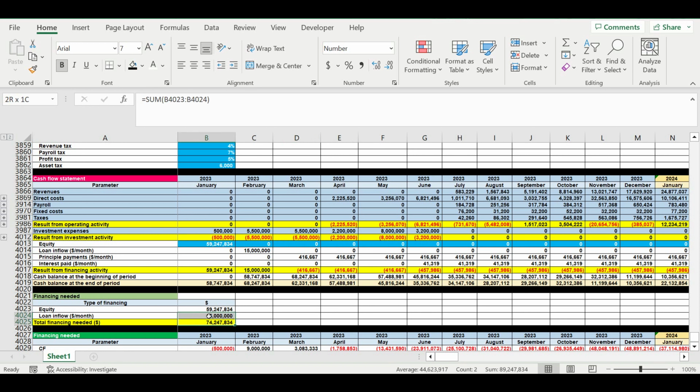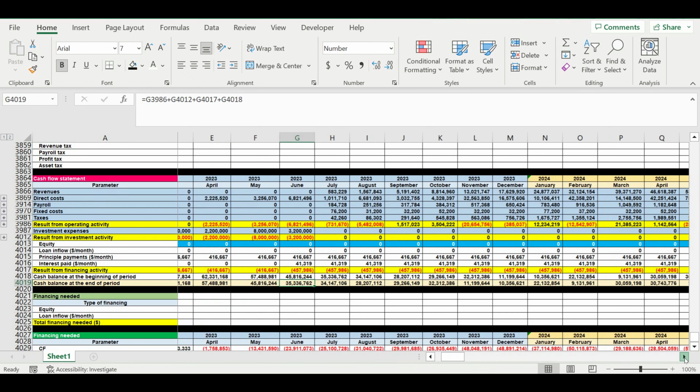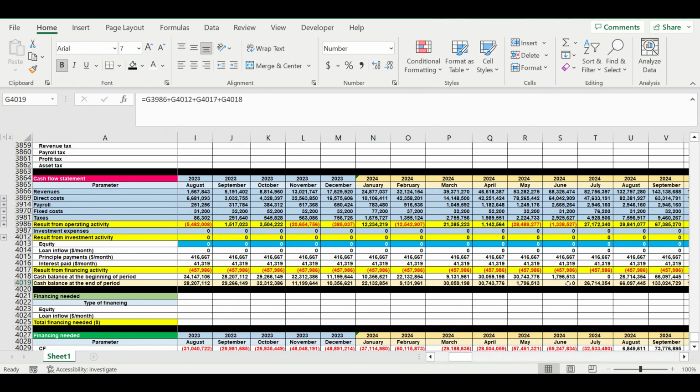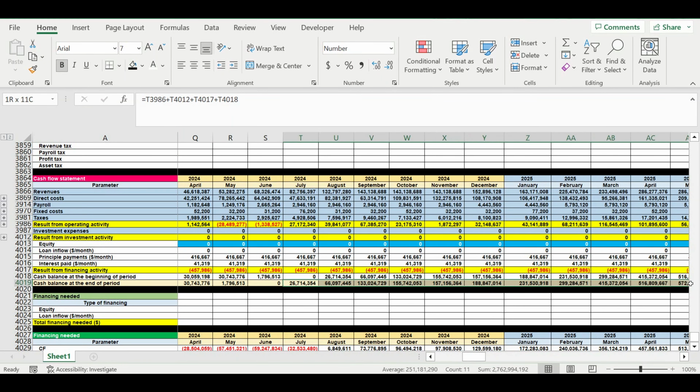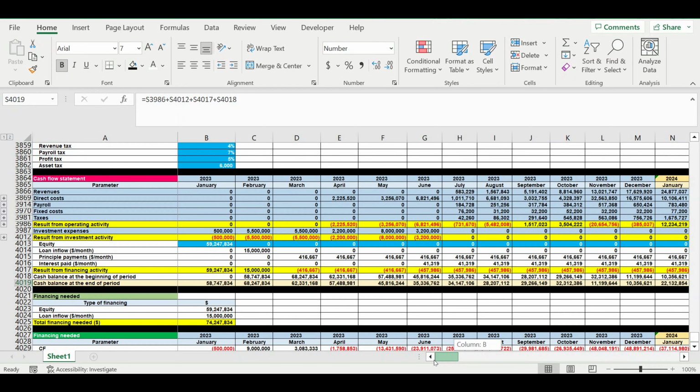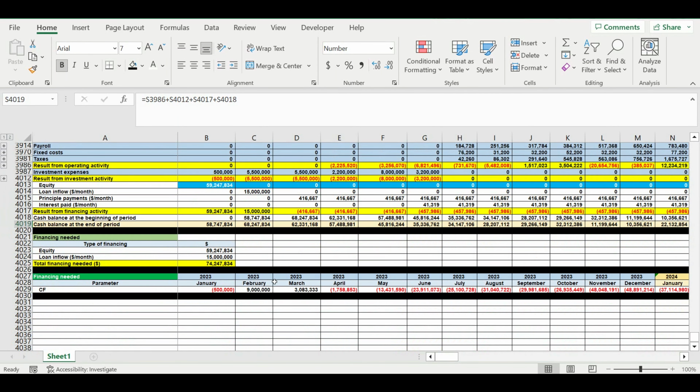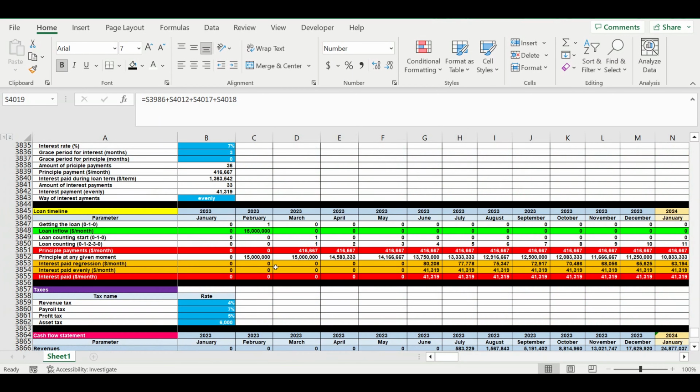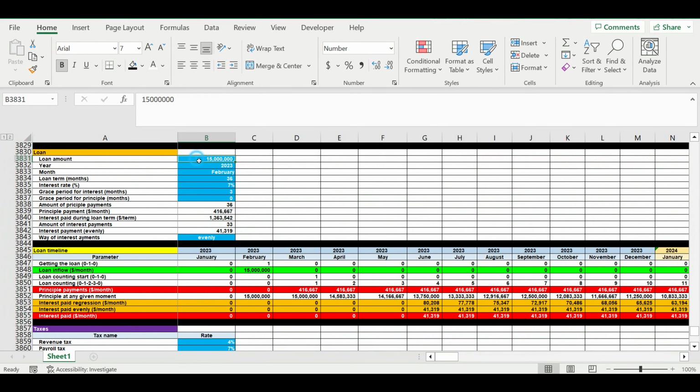Here you can see the total financing needed, and if we go to the right, so here is mathematical zero from this moment, and to the right the project starts generating its own cash, so we don't need extra financing from this moment. We can, for example, change the amount of loan.